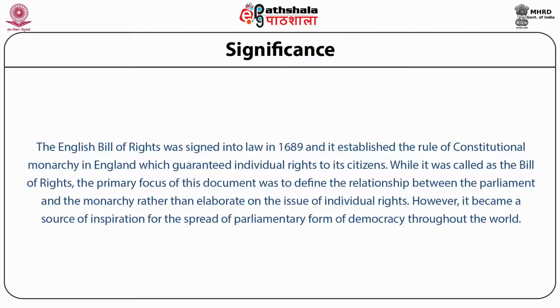At this stage, it's very important to understand that till that point of time, the monarch was regarded as supreme, one who could do no wrong and who had a divine right to rule. For the first time, you find a transition from an absolute monarchy to a constitutional monarchy which guaranteed individual rights to citizens.